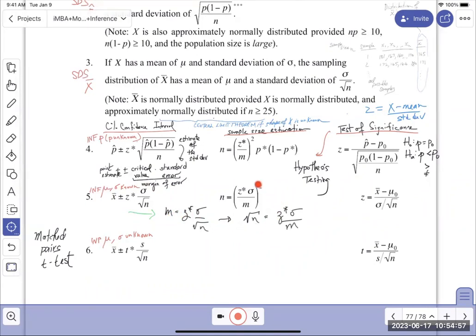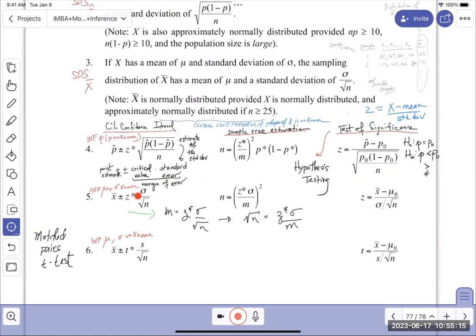And I can also know what sample size is going to help me get a certain level of precision and a certain level of confidence. And I can conduct a hypothesis test, right?